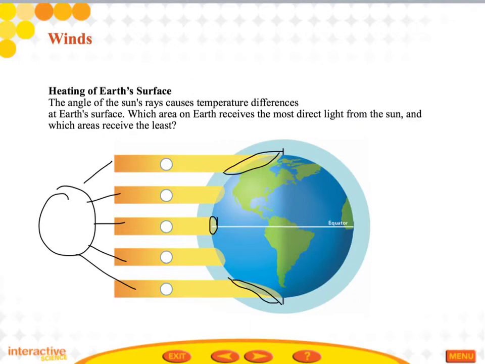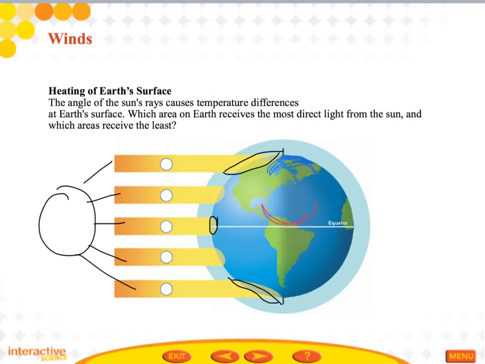So what does this mean for our global winds? Well, it's all about convection currents. These convection currents are occurring within our atmosphere, and especially with these global winds, right? So the temperature differences between the equator, where we have these warm air currents occurring, and the cold air currents that are occurring up here on the poles.